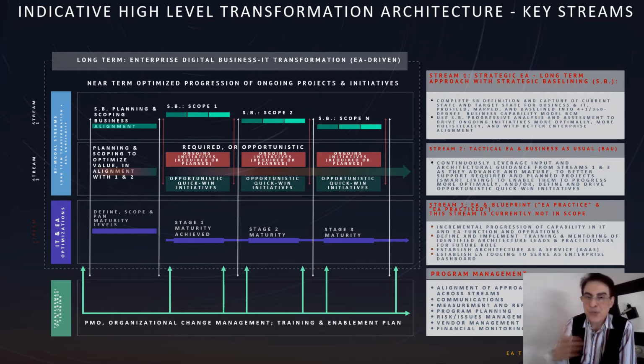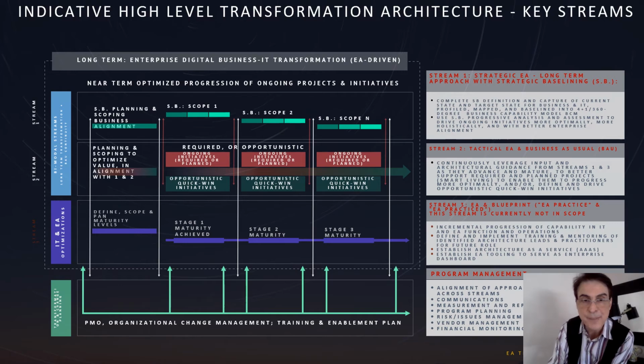And for each one of them, we assess current and target architecture, and we devise a target architecture for it. So that is the path to transforming organization to a digital organization.